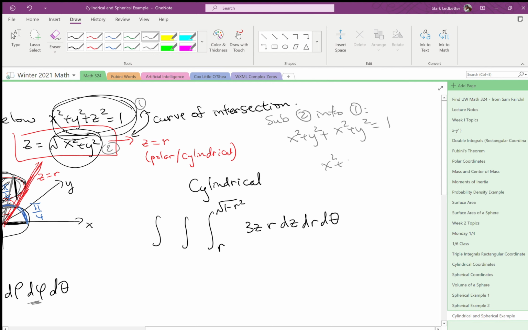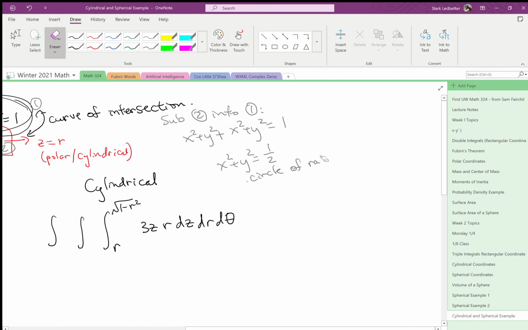So x squared plus y squared equals 1/2. And this is a circle of radius, that's not how you spell radius, radius 1 over root 2. Okay, so r actually goes from 0 to 1 over root 2.